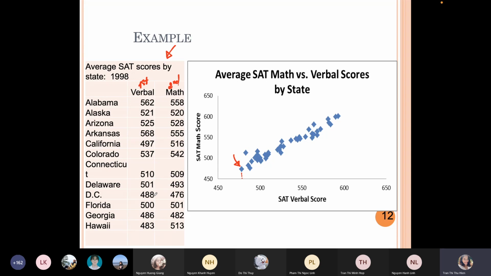Maybe it is the smallest? Is it the smallest? So maybe it is for Georgia, this point. The smallest point is for Hawaii.